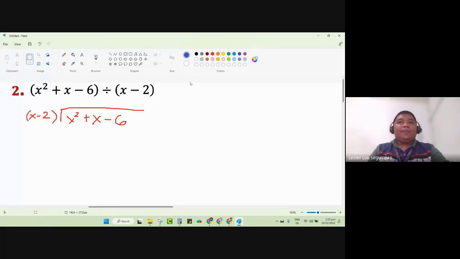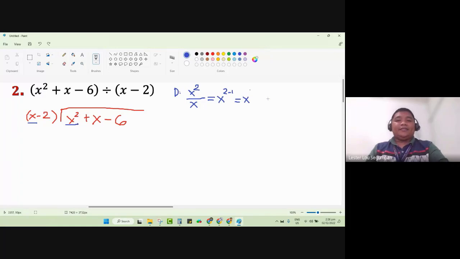The first step is the division of the first terms. This first term and this first term. So you have x squared divided by x. You could use the division law, which allows you to subtract exponents, 2 minus 1, and will give you a result of x to the power of 1, or simply x.